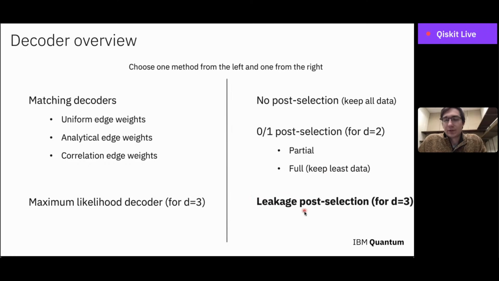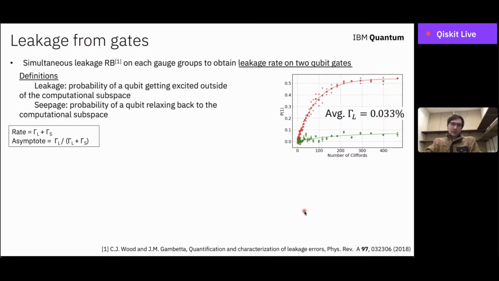But now I want to discuss the leakage post-selection. So what is leakage? In our qubits, there are actually more energy levels than 0 and 1. 0 and 1 is used for the qubit, but the state could also leak to levels 2 or higher.